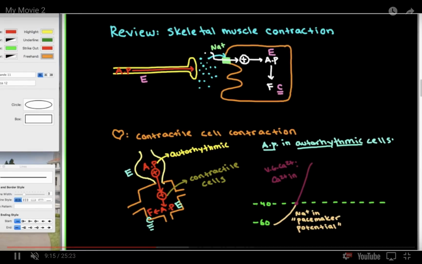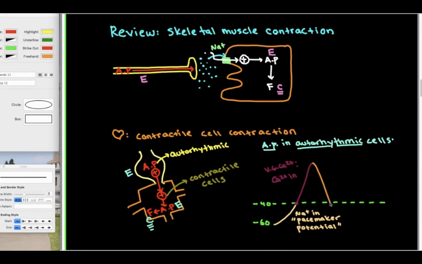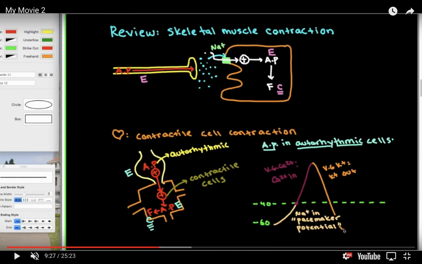Just like in previous action potentials though, we repolarize using potassium, so voltage-gated potassium channels open and potassium leaves, making the cell more negative again. So there are some differences here compared to previous action potentials, but maybe nothing too different just yet.